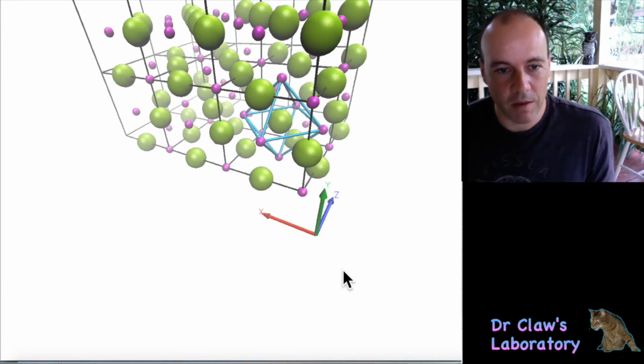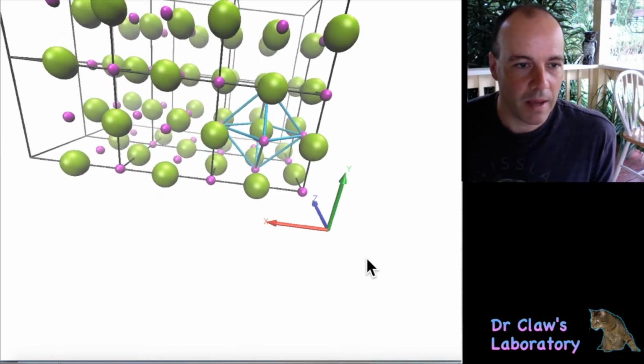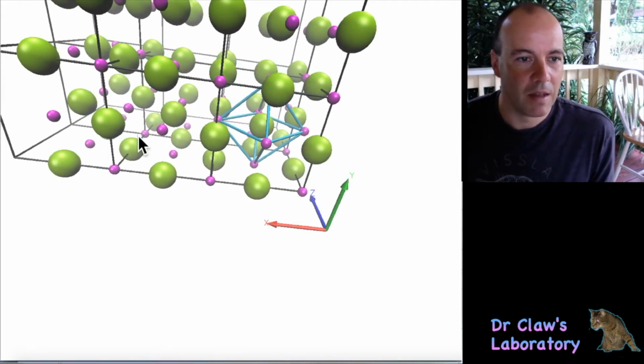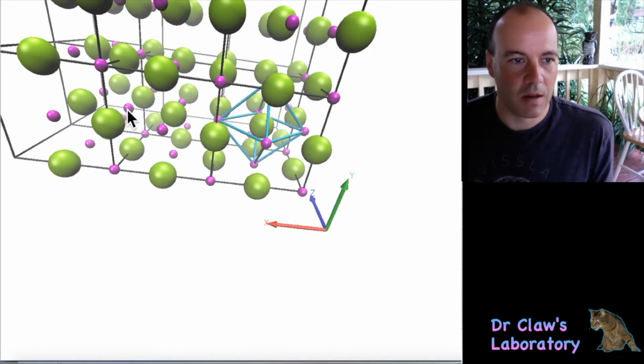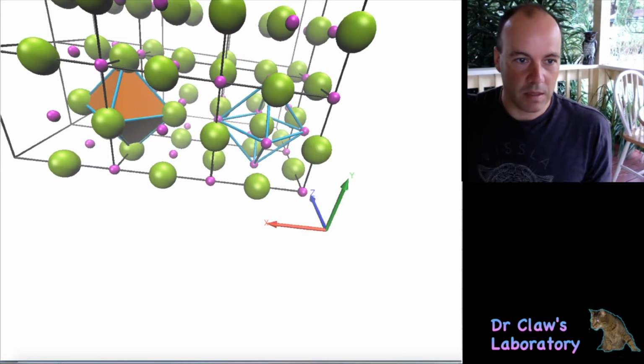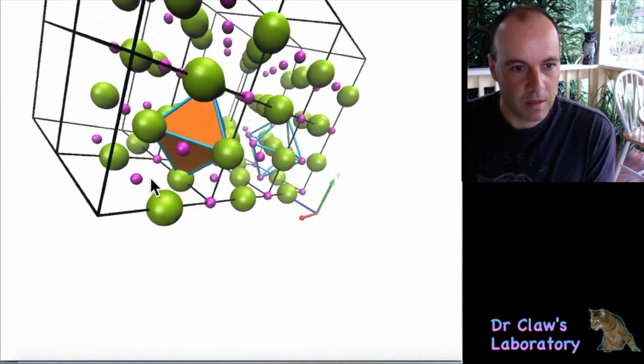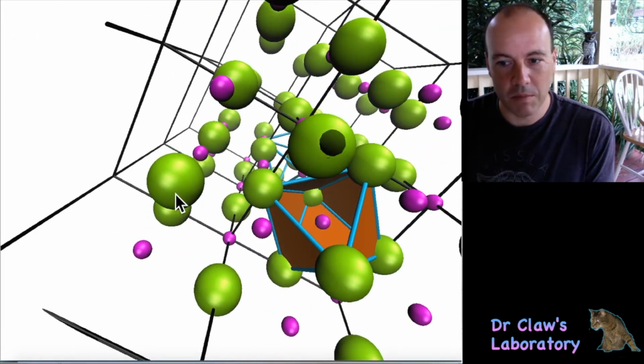So this is a regular octahedron with the chloride in the exact middle. And likewise, if you look maybe at that sodium over there, its chlorides also form an octahedron around it. See? With the sodium in the exact middle.